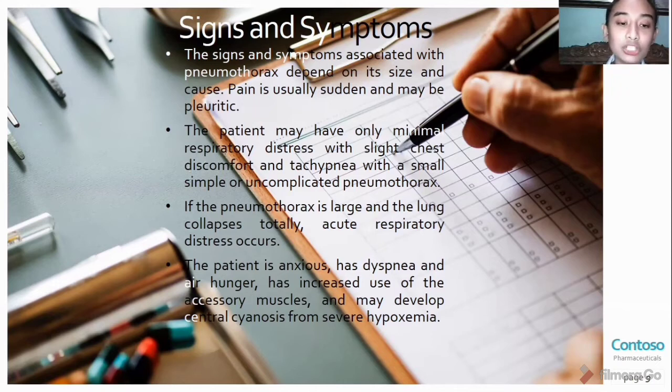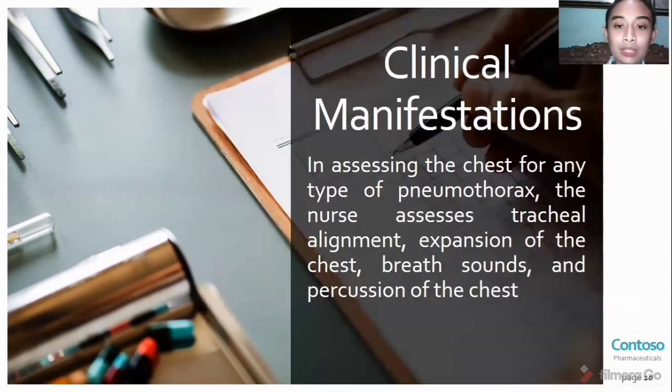The patient is anxious, has dyspnea and air hunger, has increased use of the accessory muscles, and may develop central cyanosis from severe hypoxemia.